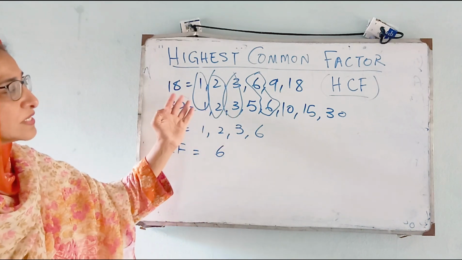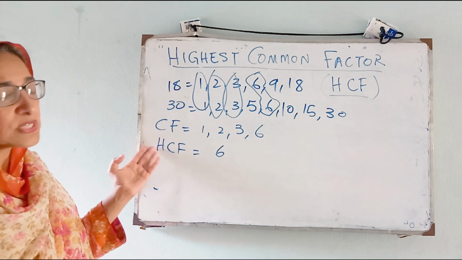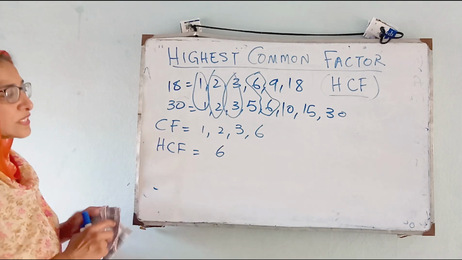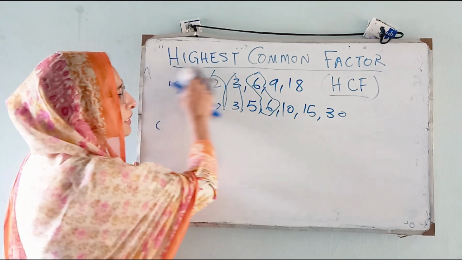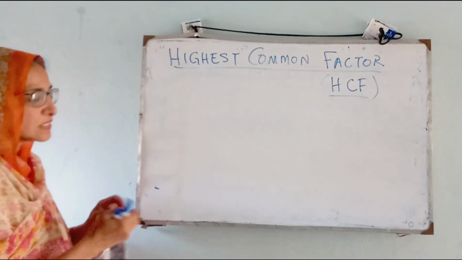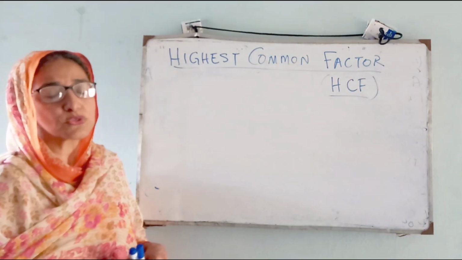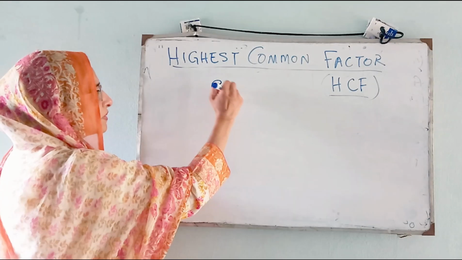We can use this method to find the HCF, but it is very troublesome, so we can use another method. The other method used to find this is prime factorization.